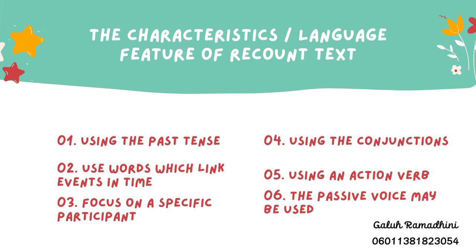Third, it should be focused on a specific participant like the writer. And fourth, using conjunctions such as then, before, after, and etc. Fifth, using active verbs like went, stayed, and so on. And the last is the passive voice may be used. For example, the bottle was filled with ink.